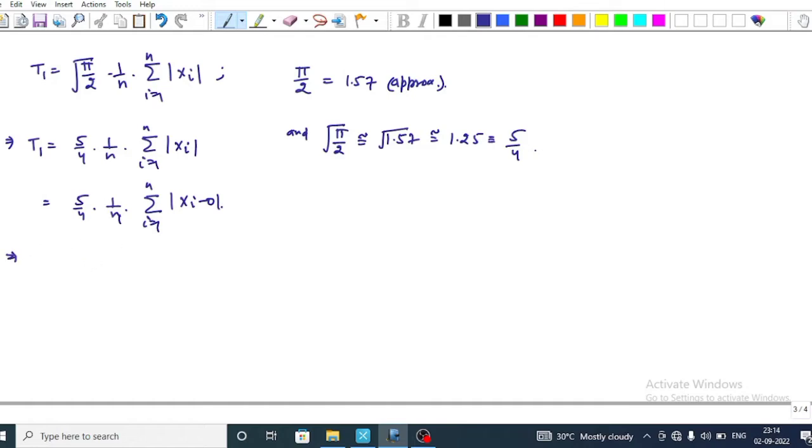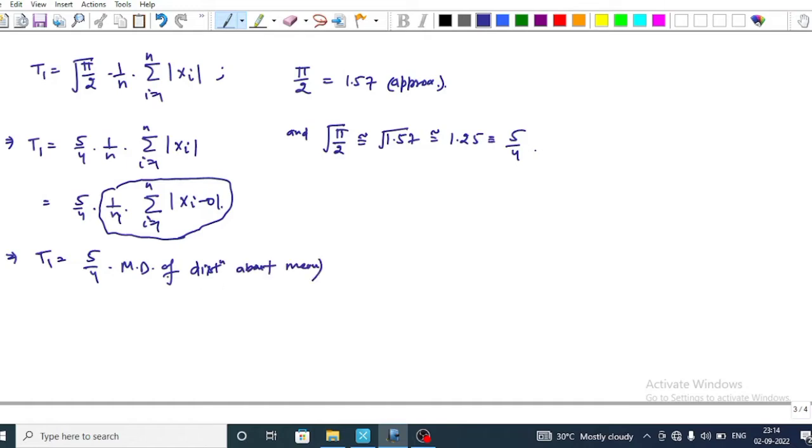In statistics, this term is well defined and known as mean deviation of distribution about mean. Actually here xi belongs to normal distribution 0, sigma square. This is known as expectation of xi, that is mean, and this is known as variance of xi.